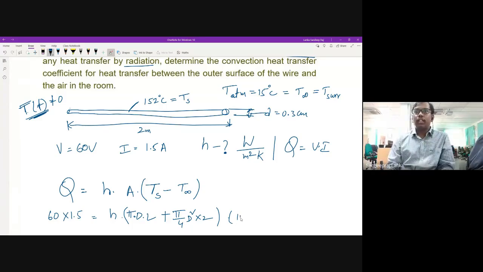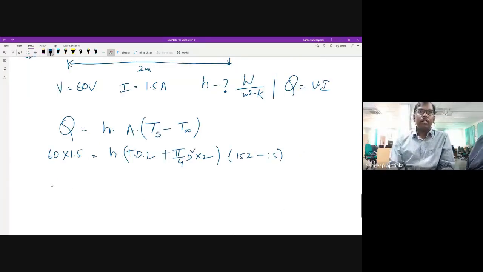The Ts value is 152 and the T infinity value is 15 degrees centigrade. Now, this side is 60 into 1.5 as it is, and h is unknown here. In this, you take pi out. The d value is given as how many? 0.3 centimeters. So 0.3 into 10 to the power of minus 2, I have to take because I have to take everything in meters, that is SI units.